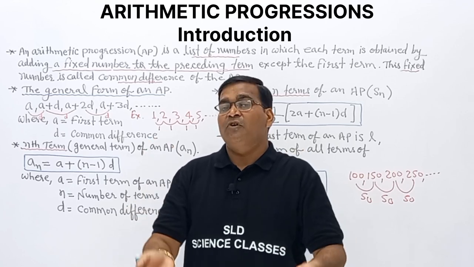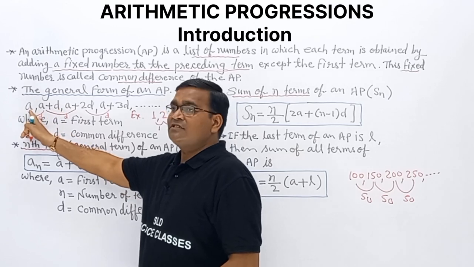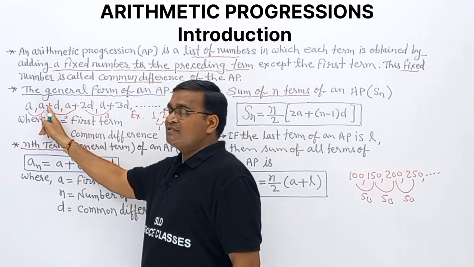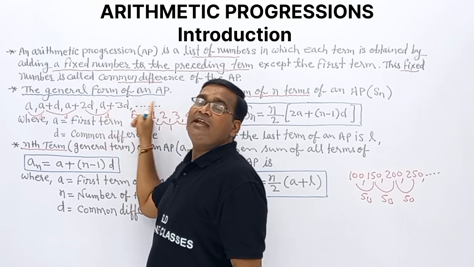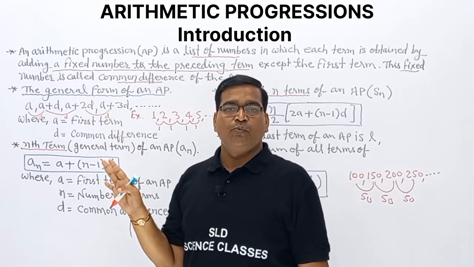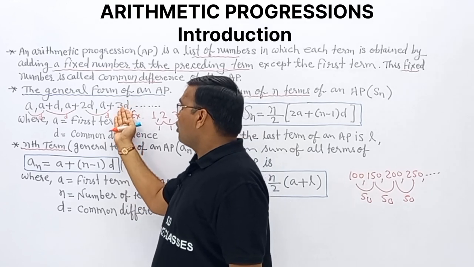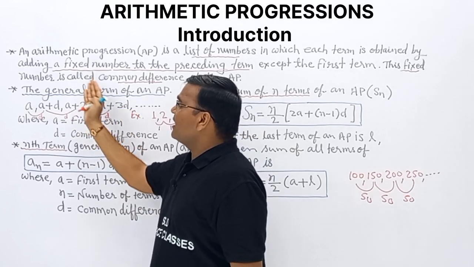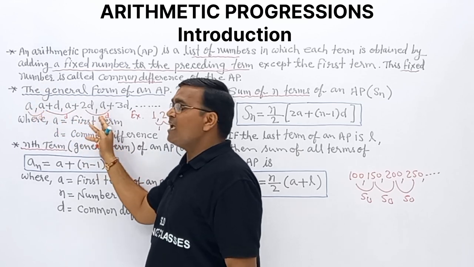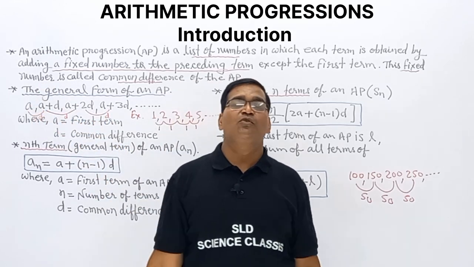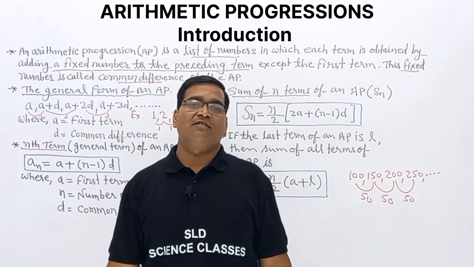But how will we observe the common difference? Second term minus first term, third term minus second term, fourth term minus third term and so on. We subtract the preceding term. If we are getting the same number, then we can say the given sequence or list of numbers is in arithmetic progression.